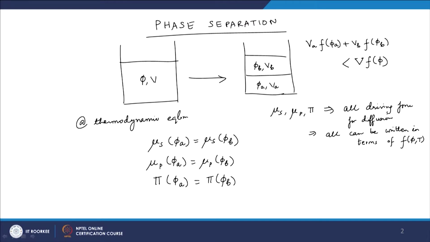Okay. So, we will do this derivation now and try to see how these expressions look in terms of the f of phi that we have discussed. Okay. So, let us first look at the solute chemical potential that we said is well, again just for convenience I will write the expression in terms of f of phi.